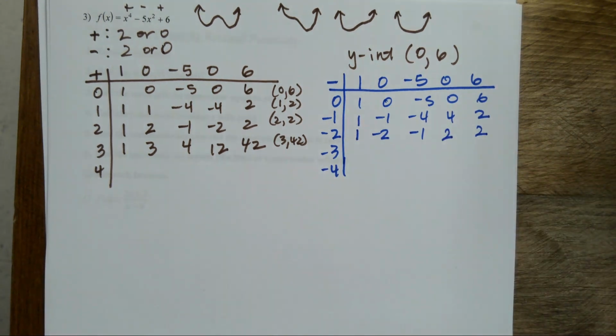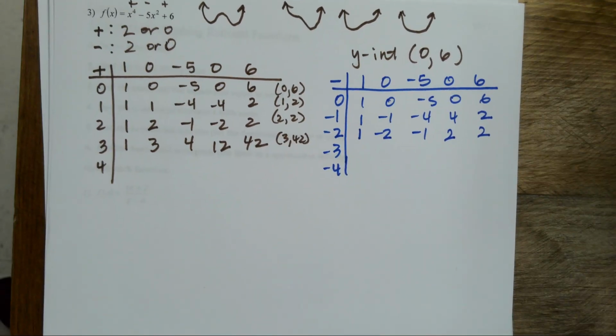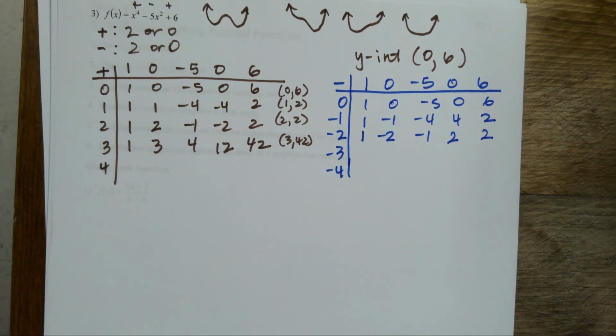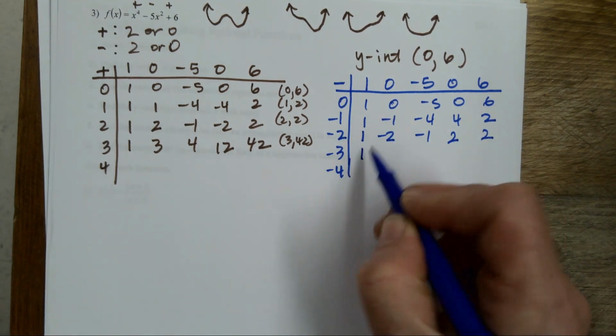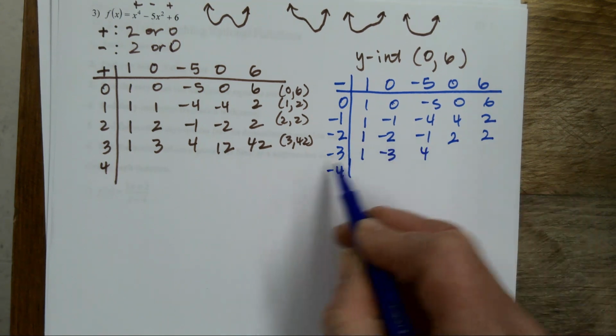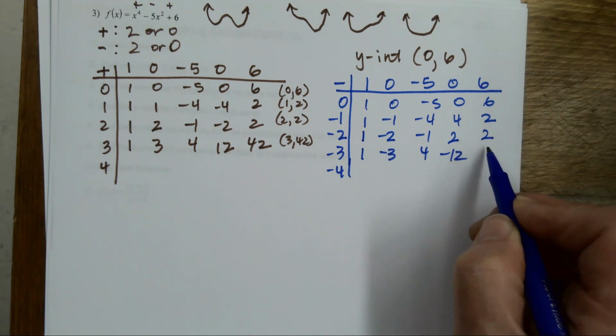Looking pretty similar, looking pretty symmetric, looking kind of mirror-ish reflective. Multiply and add, 9, 4, negative 12, negative 30, so 36, 42.